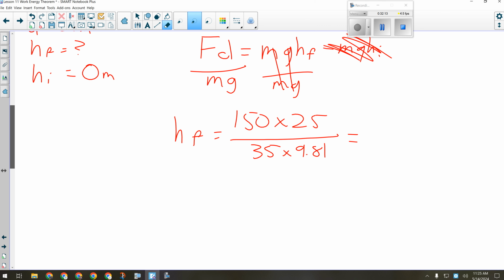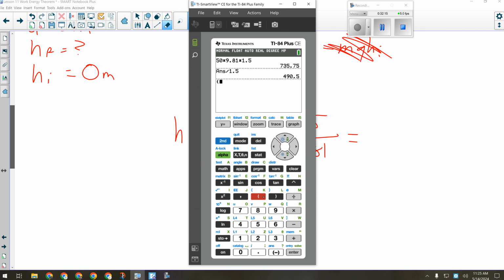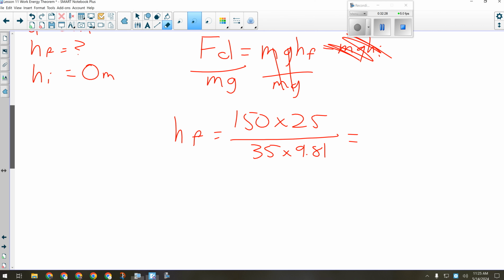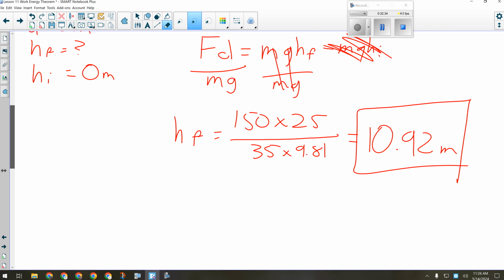In brackets on the top. 150 times 25 divided by 35 times 9.81. All right, so 10.92 meters. That's how much higher we are now than we were at the bottom.